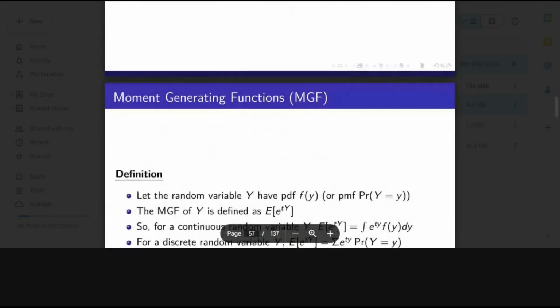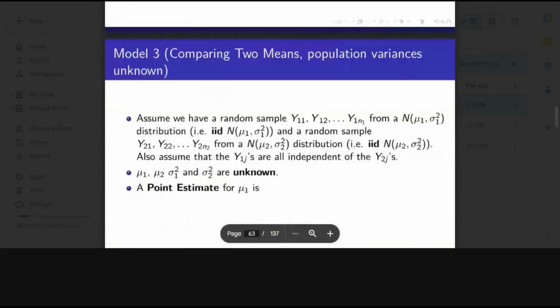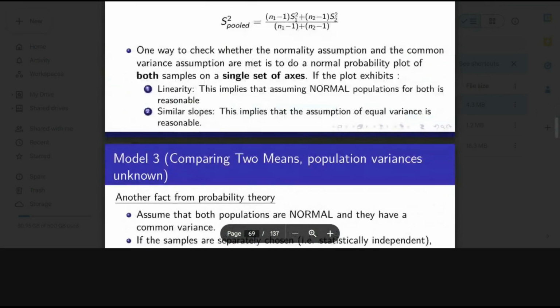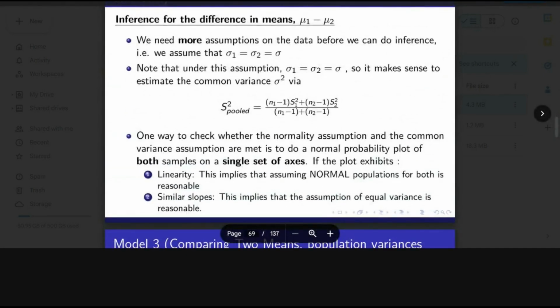Here's S square full for when we have two groups. Anyone know how this extends when we have R groups? Anyone want to try? What do you think? How do you extend this to be S full when you have R groups?